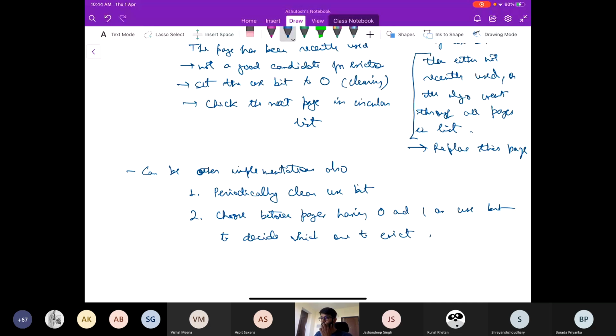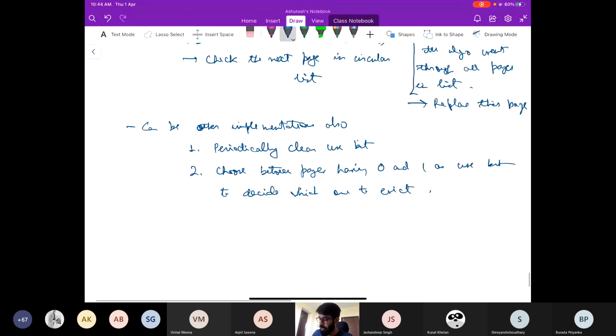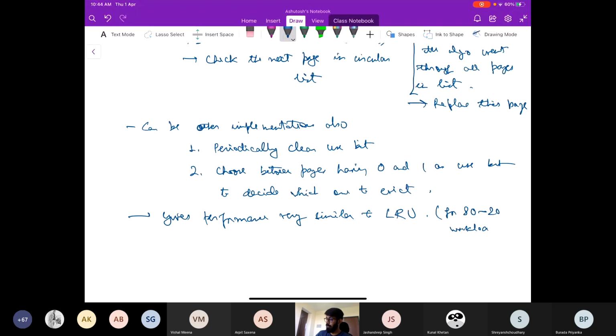As you'll see in the book, this gives performance very similar to least recently used, not exactly the same, but for a typical 80-20 workload. Okay, good.